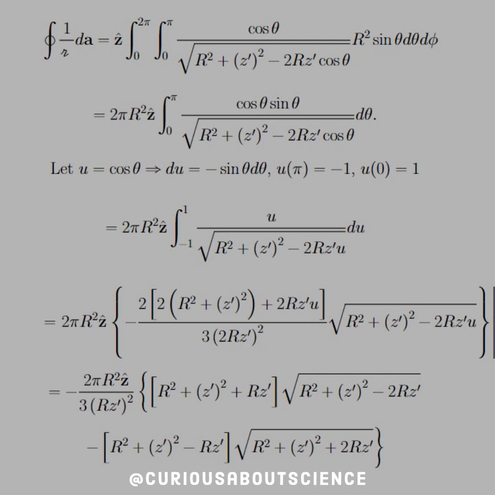So a u-substitution is in order. Let u equal cosine theta, then du is equal to negative sine theta d theta. Evaluating the bounds, u of pi is equal to cosine of pi, which is negative 1, and u of 0 is equal to 1.